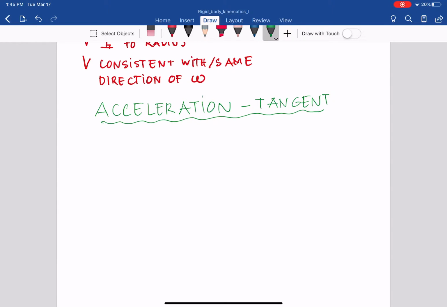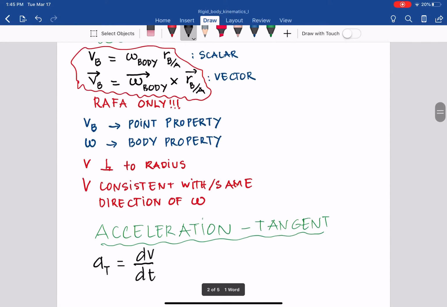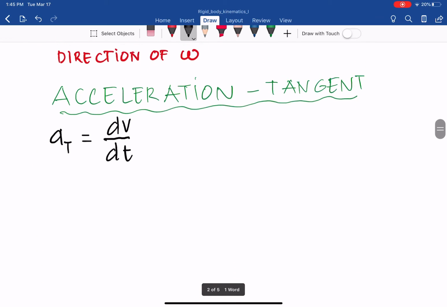If you recall, to find the tangential component of acceleration, we take the first derivative of the velocity. So a_t, the tangential component of acceleration, equals the first derivative of velocity over dt. And recall, we have the equation v equals omega r. Let me replace that in here.